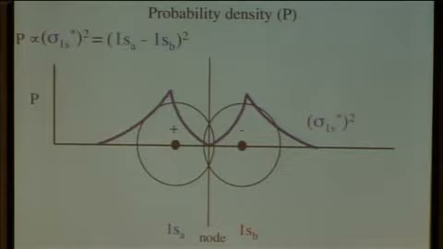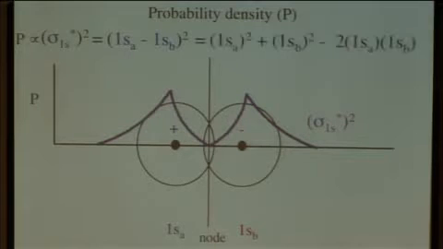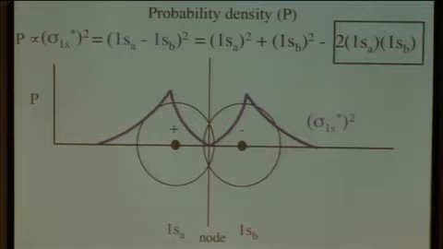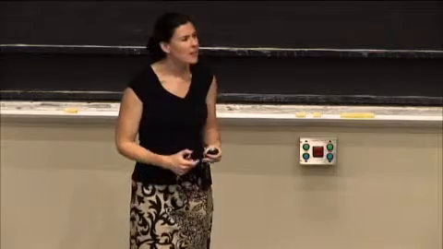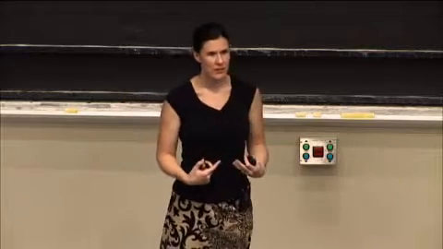So now we're talking about 1sa minus 1sb, all of that being squared. And again, if we write out what all the terms are, we again have 1sa squared plus 1sb squared. But now what we're doing is we're actually subtracting the interference term. So if we're subtracting the interference term, what we have here now is destructive interference.